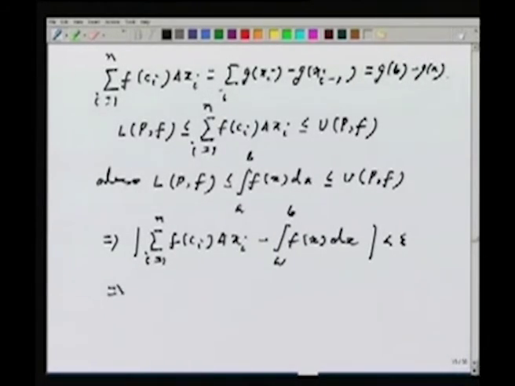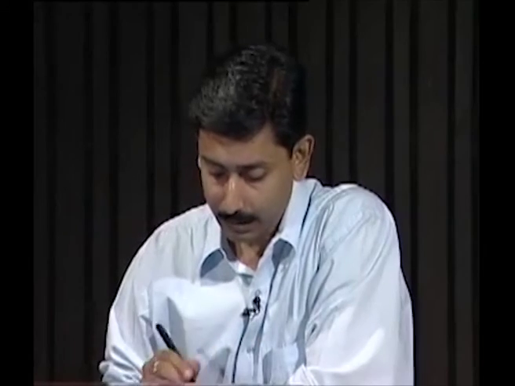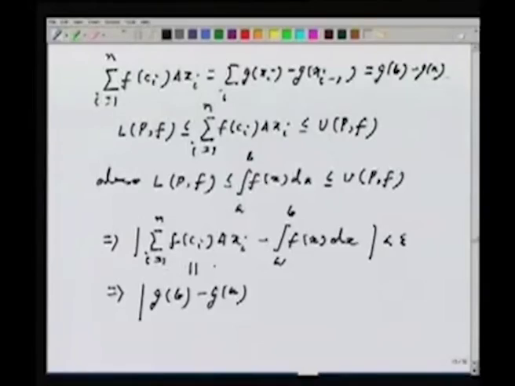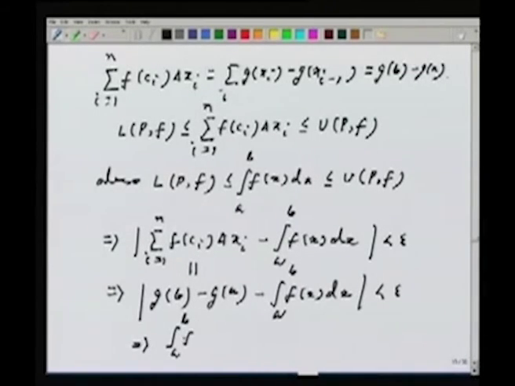But from the previous equality, since I have already proved using the mean value theorem that the summation i from 1 to n f(c_i) delta x_i is the same as g(b) minus g(a), this gives that the modulus of g(b) minus g(a) minus the integral a to b f(x) dx is less than epsilon for any epsilon bigger than 0. But this would then imply, since epsilon is arbitrary, that the integral a to b f(x) dx is equal to g(b) minus g(a).